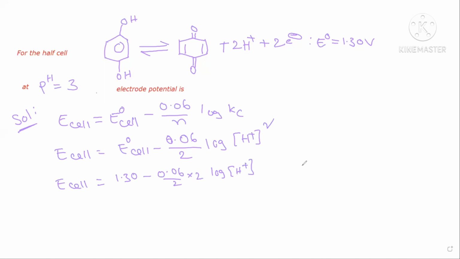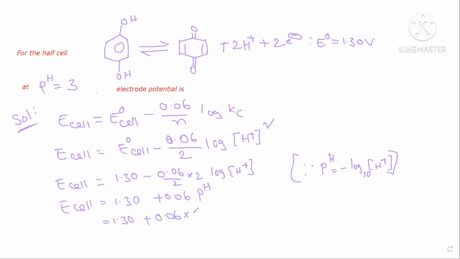Since pH is equal to minus logarithm of H+ ion concentration to the base 10, the equation can be written as E cell is equal to 1.30 plus 0.06 into pH. pH is given, that is 3, 1.30 plus 0.06 into 3, that is equal to 1.48 volts.